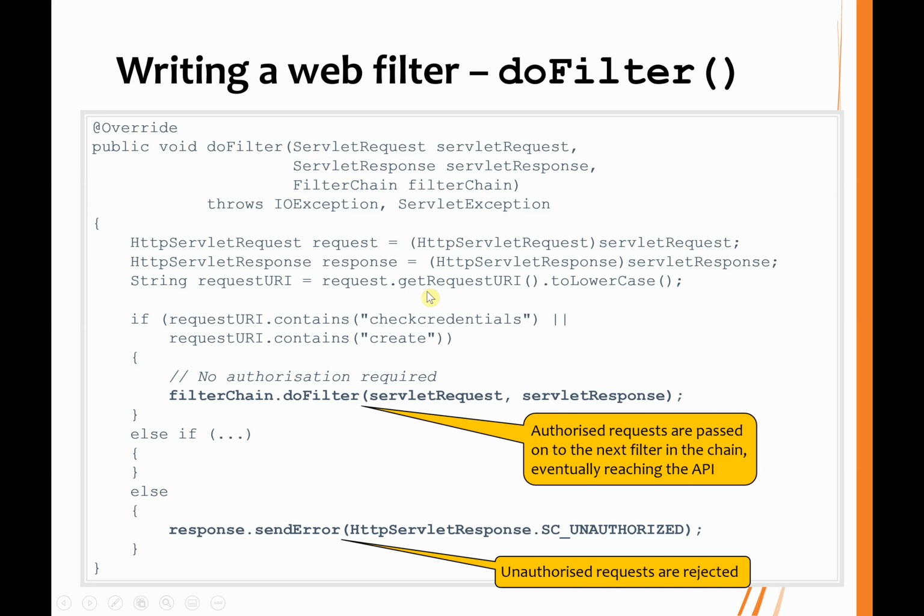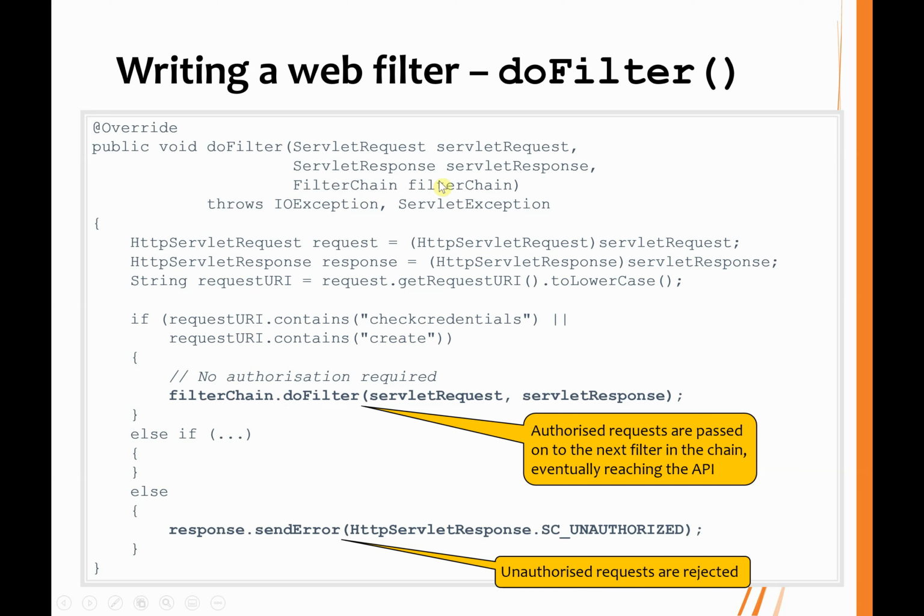And that will then allow me to get from the request the request URI, convert it to lowercase and store it here so that I can then examine what resource is being requested. If the request is to check credentials or to create a new user record, then I don't need to do any authorization for that. And therefore, I'm immediately calling filterchain.DoFilter.